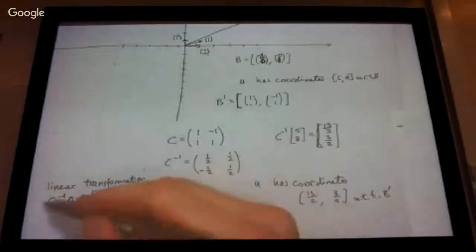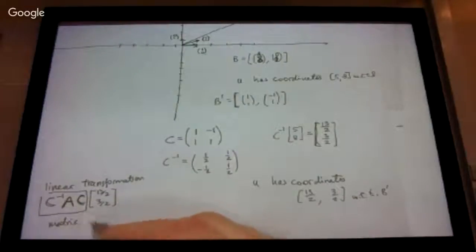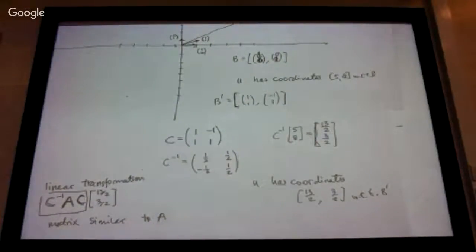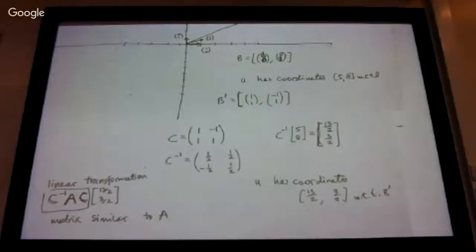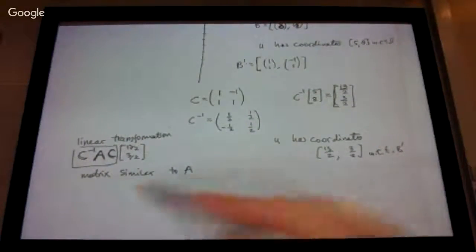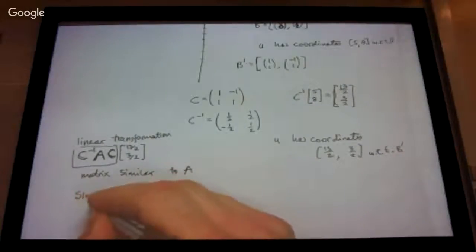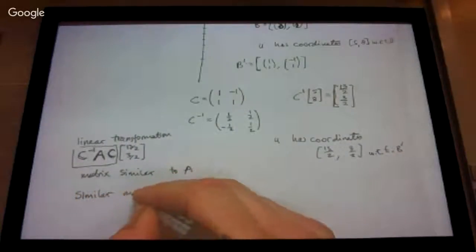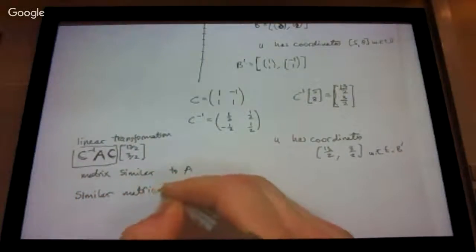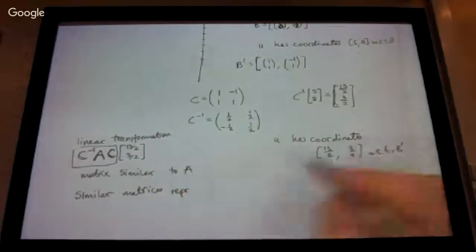And this is a matrix similar to A. So somehow, the gist of the example is that similar matrices represent the same linear transformations with different coordinate systems.